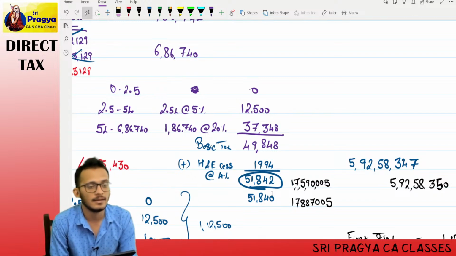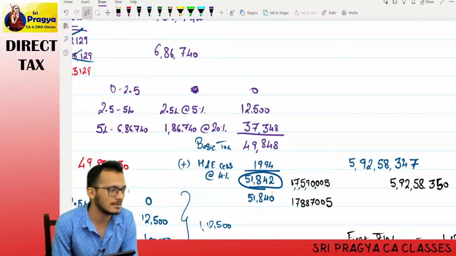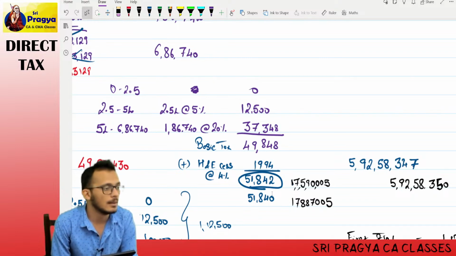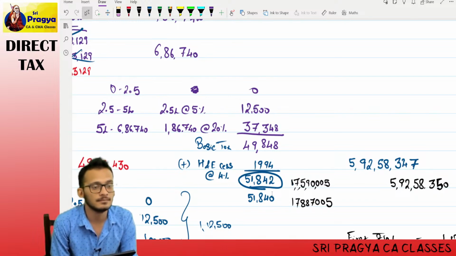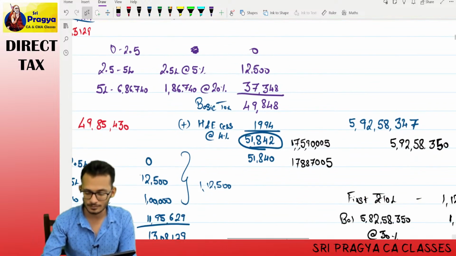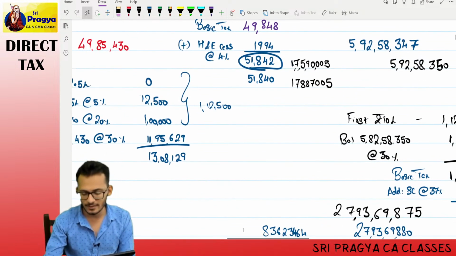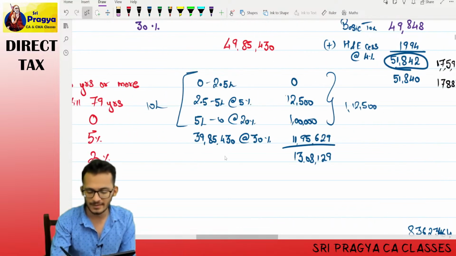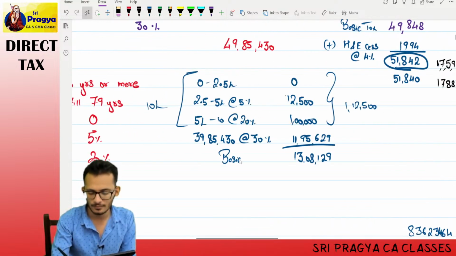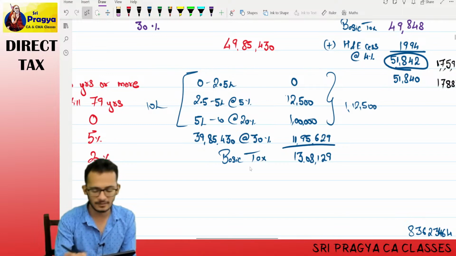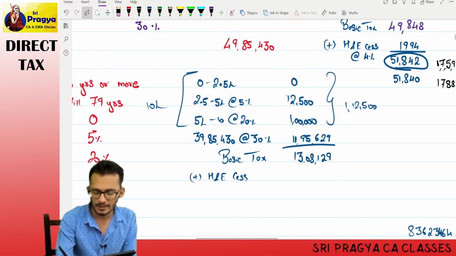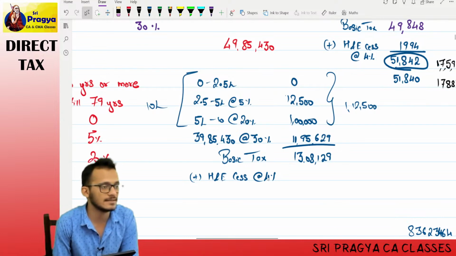Clear? Question number 2, 49 lakhs. Rich, poor, middle class? Surcharge or rebate? Neither. Number was 13,08,129. This is called your basic tax. On this you will levy H&D cess. Wordings are important, not just the number. H&D cess at the rate of 4%.